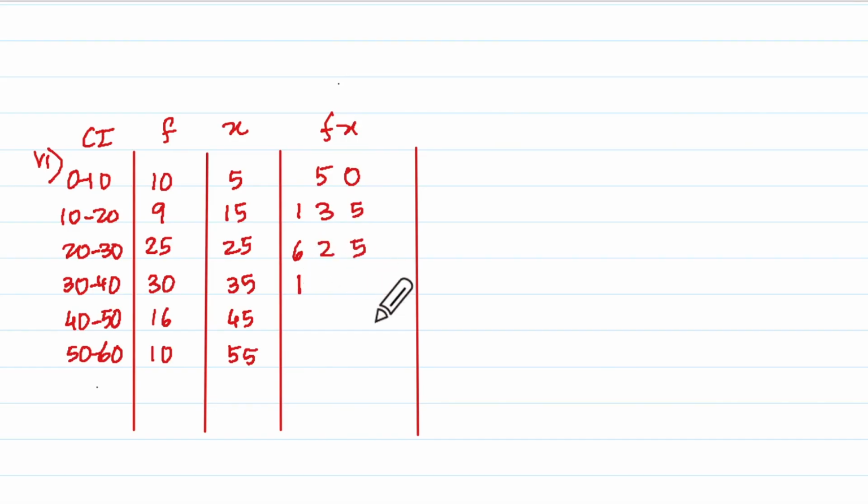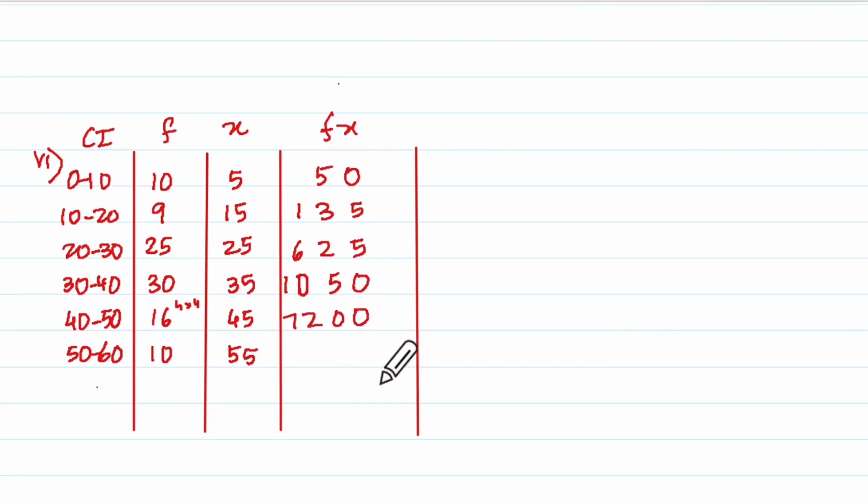This into 3 is 1050. Then 16 into 45: 4 into 4, this is 45, 2 is 90, 180. 180 into 4 is 720.